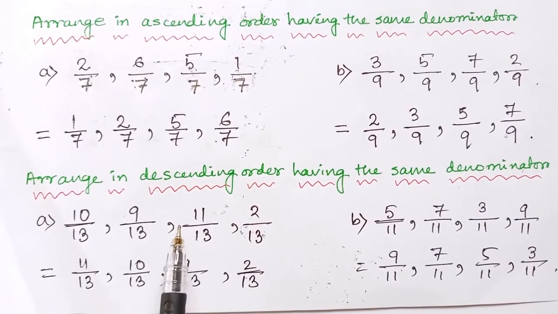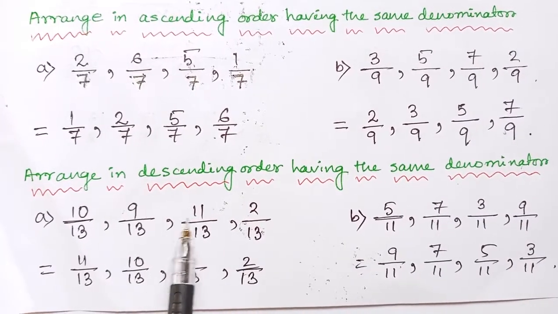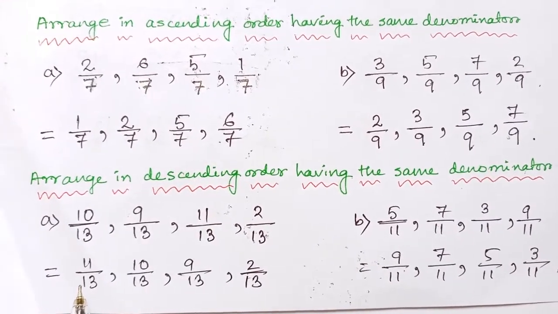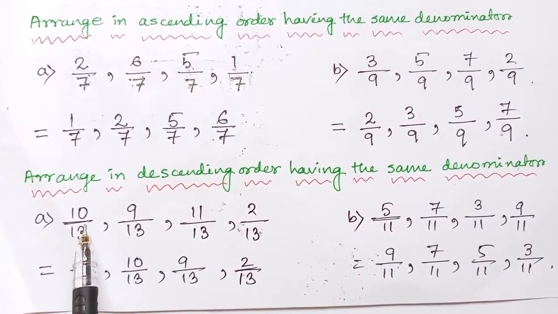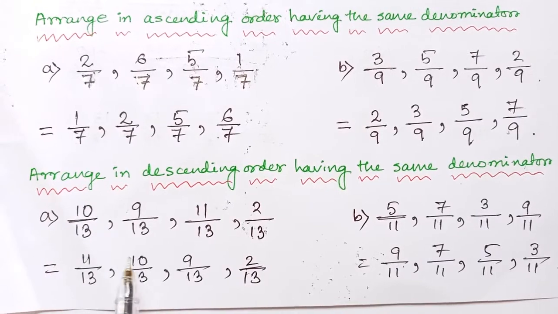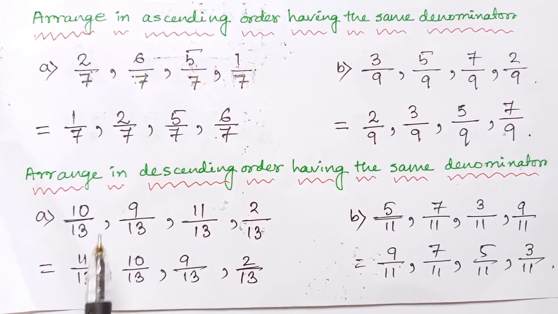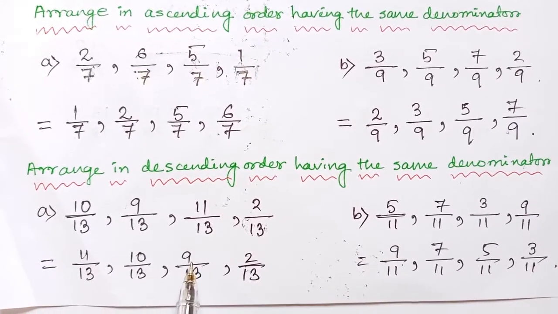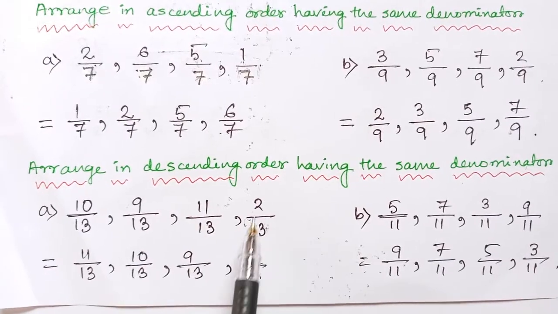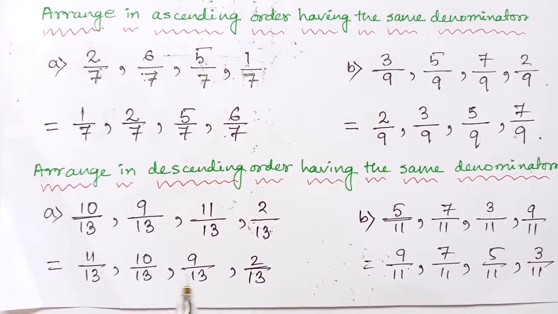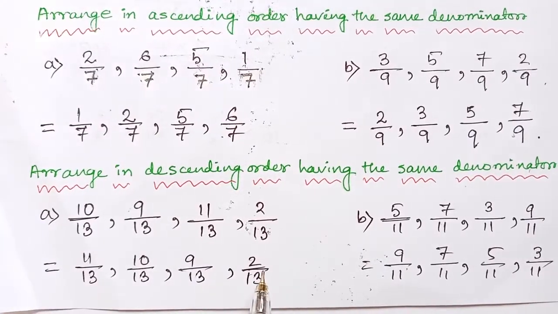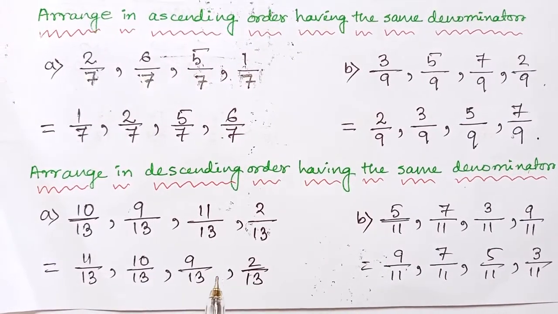So the larger number, that is 11 by 13, is the larger fraction. After that 10 is the larger number, so 10 by 13. Then 9 is the larger number, so 9 by 13. And lastly 2 by 13. So this is the arrangement of the fractions in descending order.